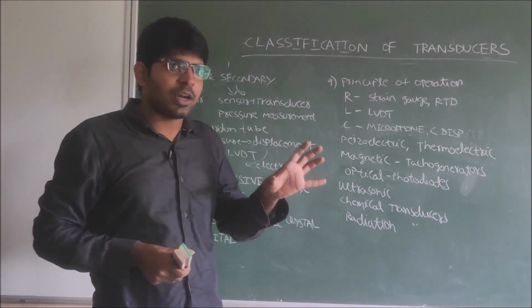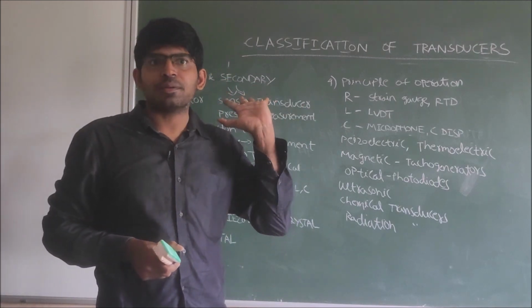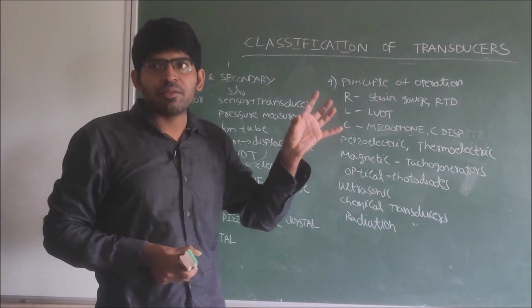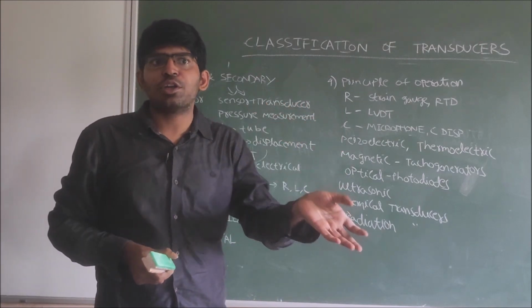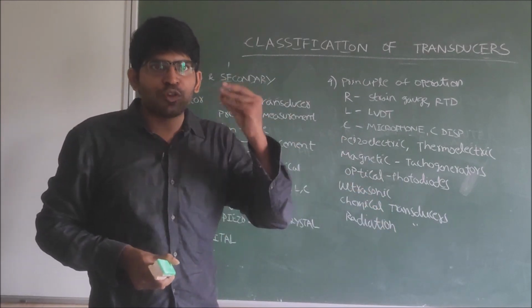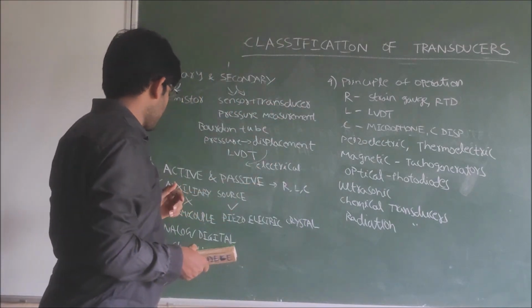Here, the active transducers do not require external power, like the sun. They do not require external power to convert into an electric signal. The physical signal is converted to an electric signal without the requirement of an extra power source.